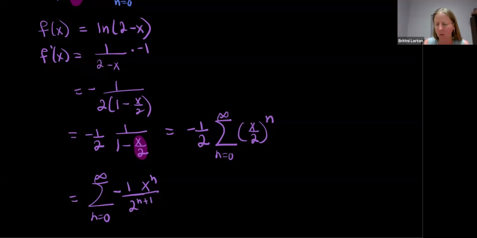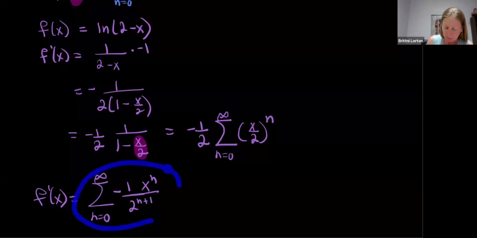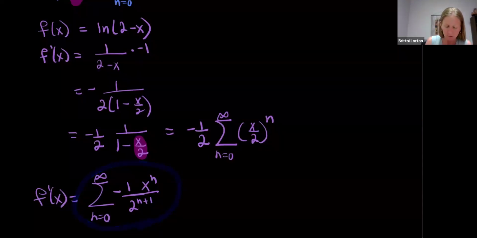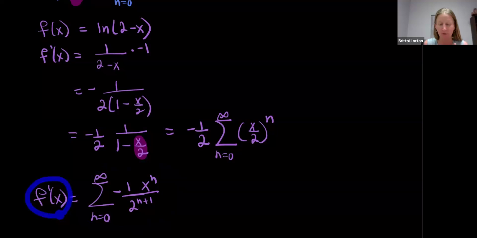I've got to make sure I know what I even did. There was more than one way to do this, so we have to go back and make sure what it is that I did. In this problem, I chose to take my function and take a derivative. And then I did that, I did its derivative, and then following through those equal signs, I now have a power series representation. This is the power series representation for my function's derivative.